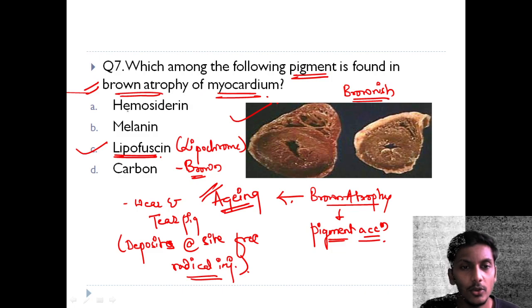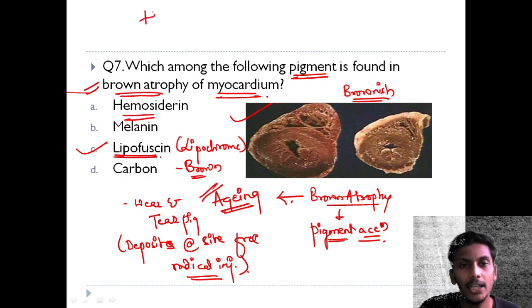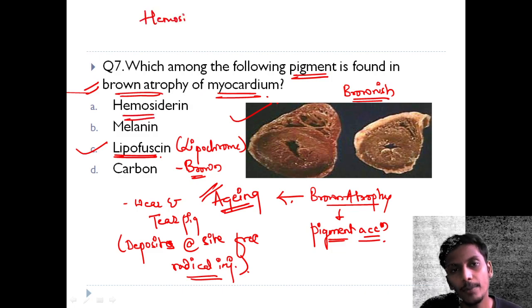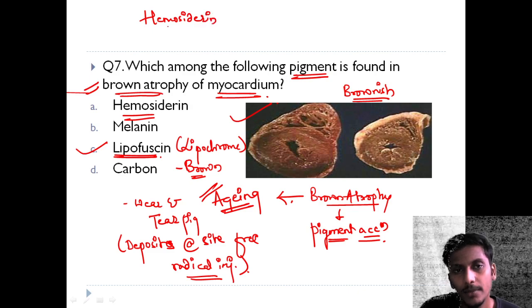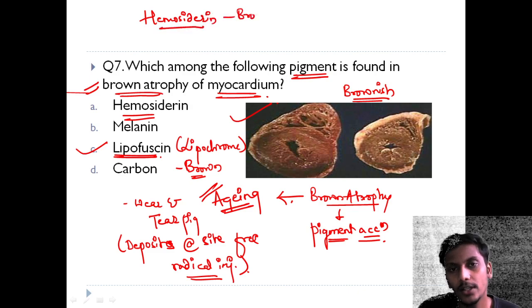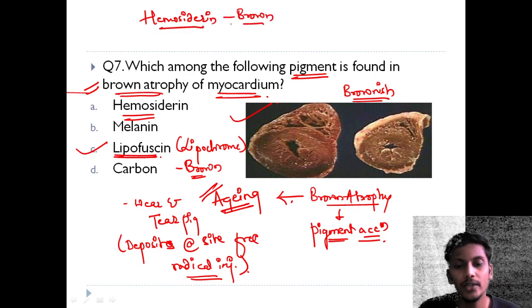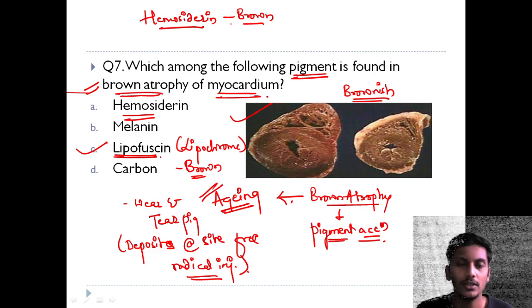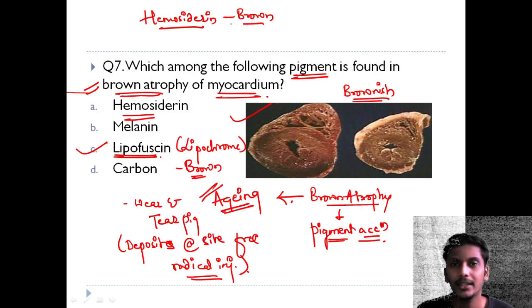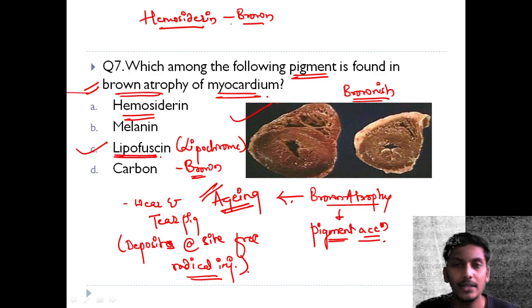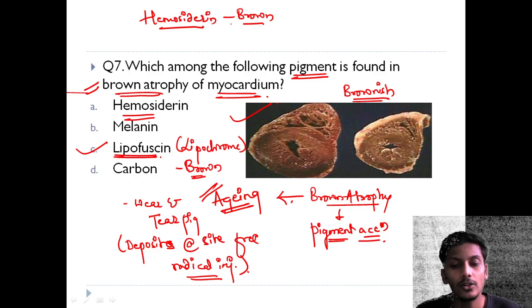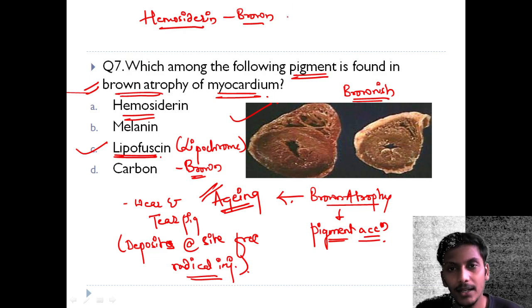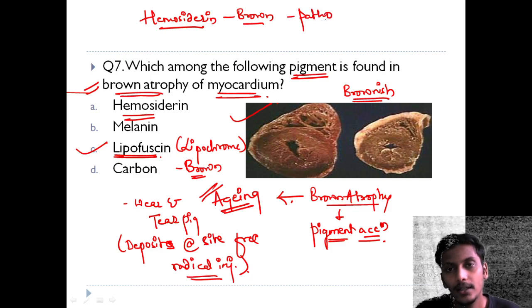Now next one over here is your hemosiderin, and hemosiderin is also a brown colored pigment, right? It usually deposits at various tissues in the body, either at myocardium or in the kidneys or in the liver, okay? At various places it can deposit. So this is also a brown colored pigment, but please remember it is a pathological pigment.